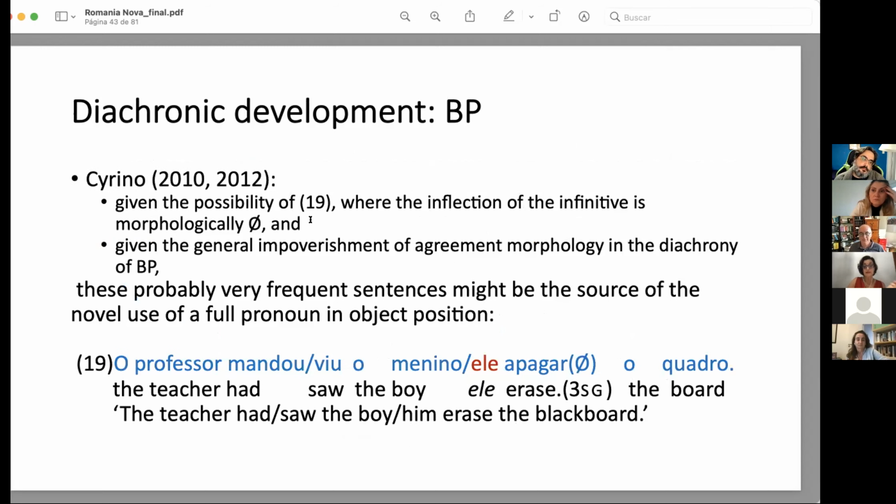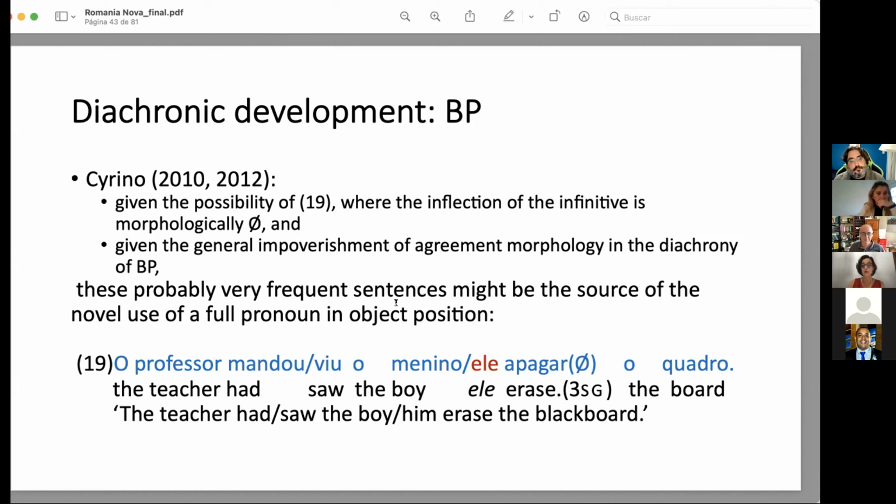And given the possibility of sentences like 19, o professor mandou o menino apagar o quadro or mandou ele apagar o quadro, where the morphology of the inflected infinitive here is 0, and given the impoverishment of agreement and morphology in Brazilian Portuguese in general, as Eugenia showed this morning, these are probably very frequent sentences.